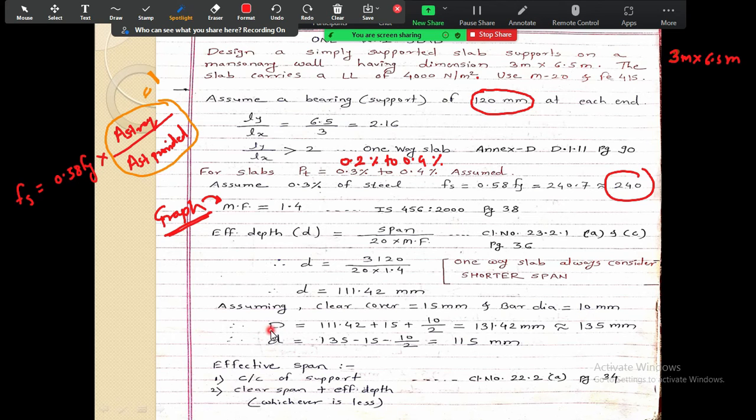So capital D, the overall depth, is the effective depth plus 15, where 15 is the clear cover, plus 10 by 2, half of the bar diameter. So this is your overall depth, 135.